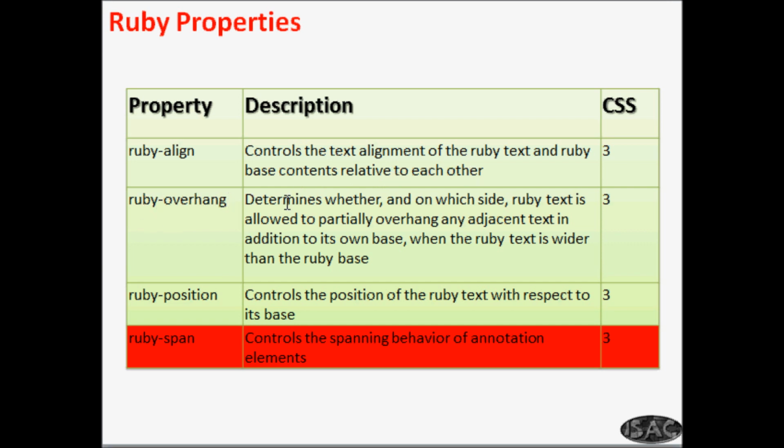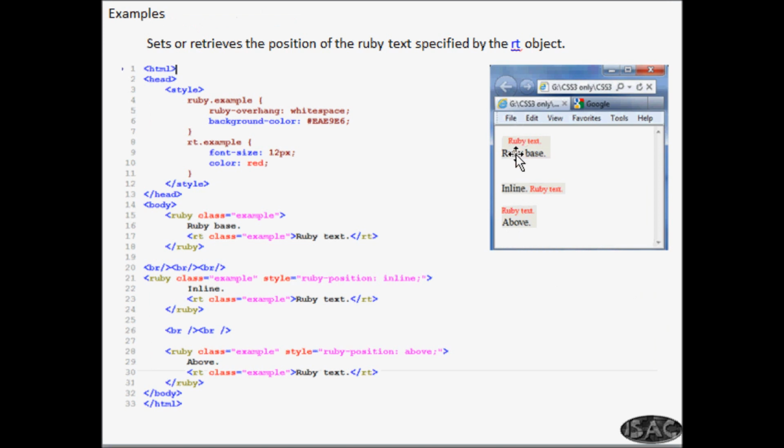Ruby overhang determines whether and on which side Ruby text is allowed to partially overhang any adjacent text in addition to its own base, when the Ruby text is wider than the Ruby base. Okay, so Ruby position. Let us have one example. You can see this. Some text is on the top, some text is along with, some text is hanging.